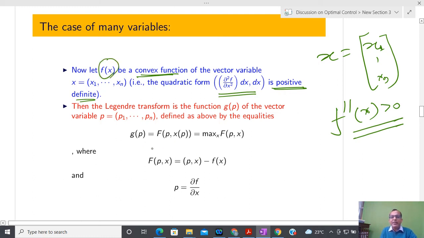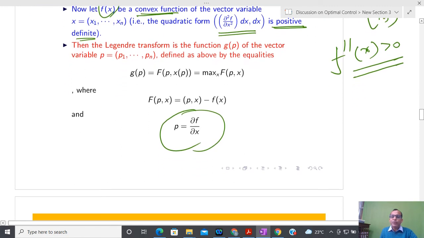Again, I can define everything exactly in the same way, and I can get p using the solution of the Jacobian. Here you can see that p is not single valued. Corresponding to x1 I have p1, corresponding to x2 I have p2, corresponding to xn I have pn. So this is just a generalization of the scalar case we have discussed so far.